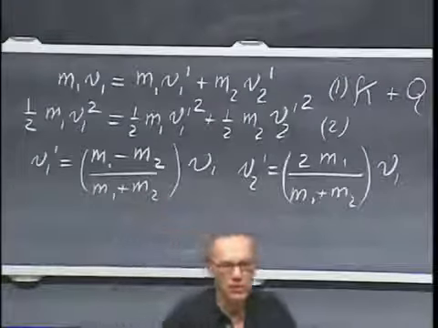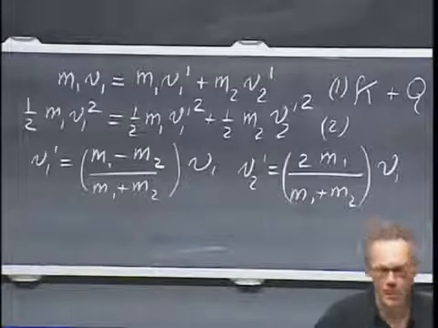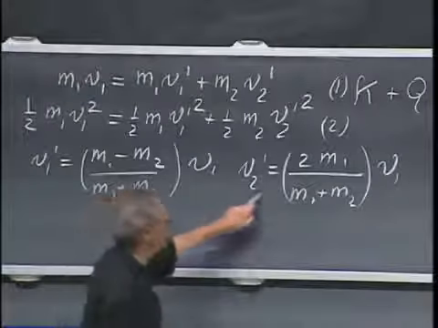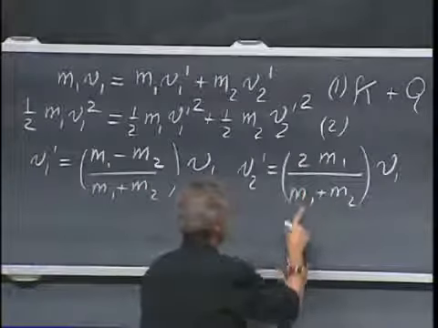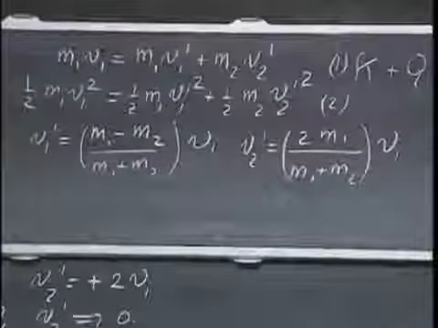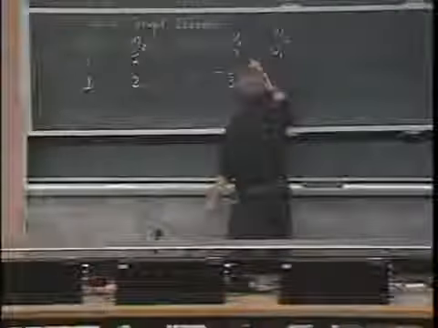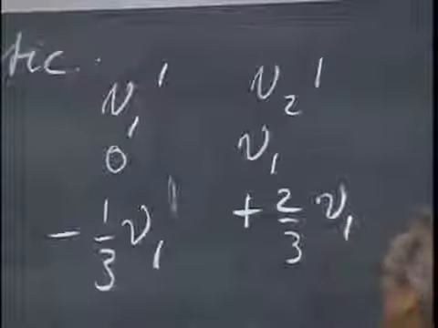If you bounce a lighter object off a more massive object, no surprise that it bounces back. So that's minus 1/3. And when we look here, we have 2 times 1 divided by 1 plus 2 is 3. That is plus 2/3. So number 1 will come back with a speed 1/3, which, of course, since this is sign sensitive, we get 1/3 v1. And this one is plus 2/3 v1.